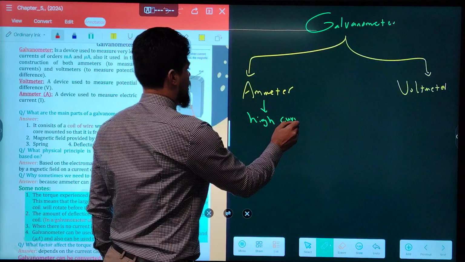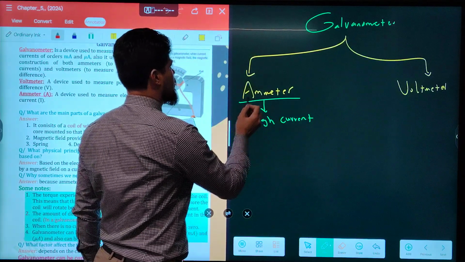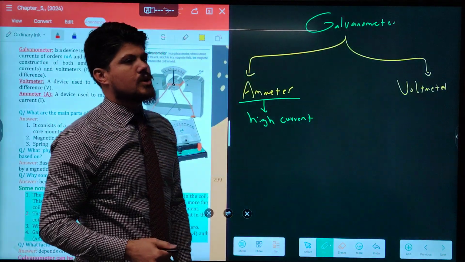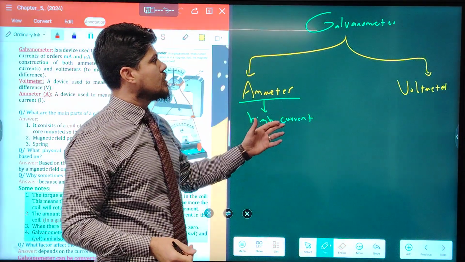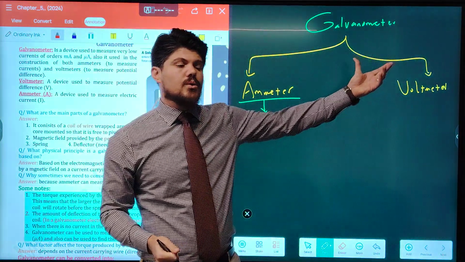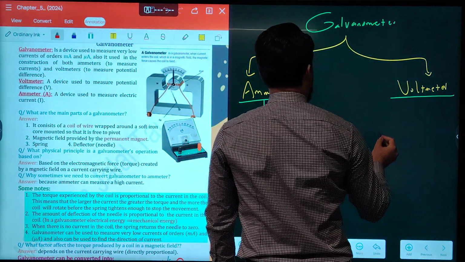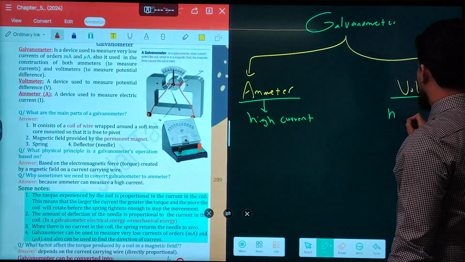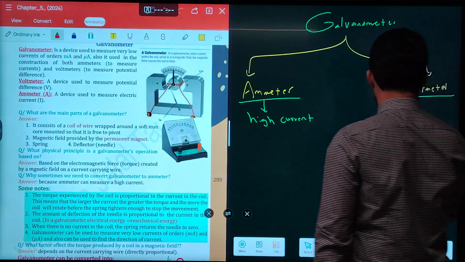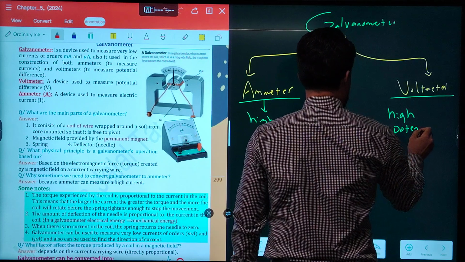Both an ammeter and a galvanometer can be used to measure a current, but the difference between them is that a galvanometer measures low current, and an ammeter measures high current. And a voltmeter is a device that can be used to measure high potential difference.